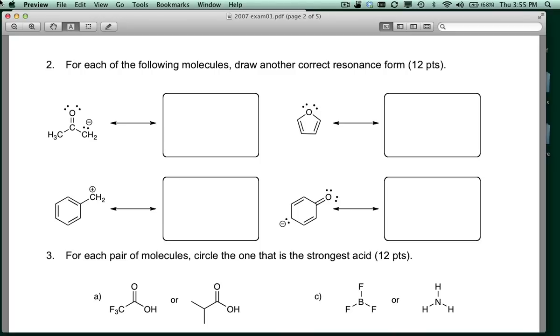Okay, if we take that first example, what I have is a C=O double bond next to a carbon which has a negative charge on it. There's a lone pair on that carbon. By the way, we refer to that as a carbanion for your future information. So if I want to draw the resonance form for this, notice that the lone pair is adjacent to a double bond.